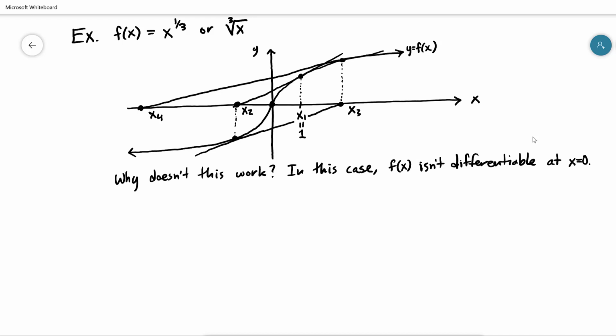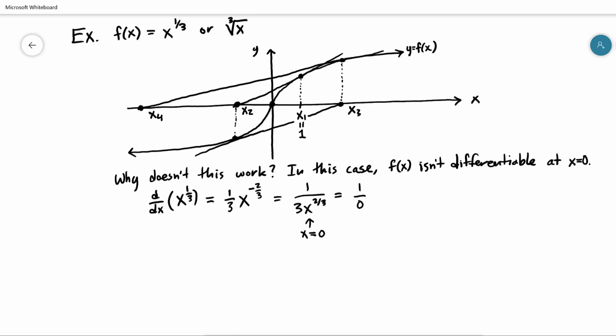What I mean is, if we try to take the derivative of x to the 1/3, we can find a derivative, that's fine. This is just power rule. We'll get 1/3, the power will come down, x raised to a power that's 1 less than the 1/3 that we had, so 1 less than this is going to be negative 2/3. And so we can write this as 1 over 3x to the 2/3. But when we plug in x equals 0, this basically gives us something that looks like 1 over 0.